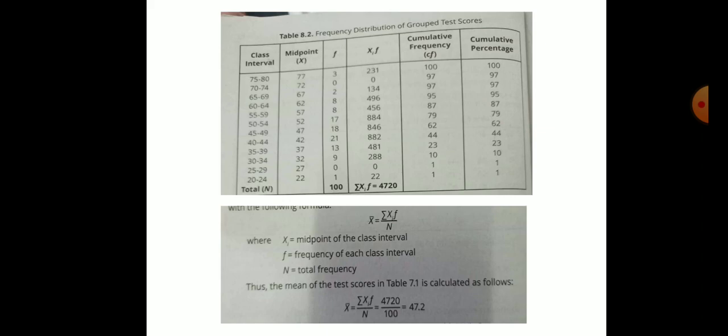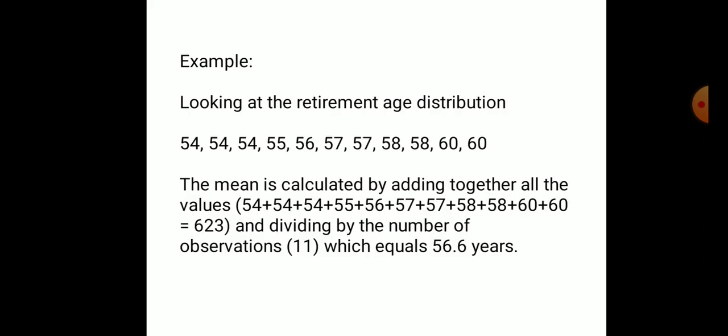Remember that if our test scores are grouped, this is the formula we use. What if our test scores are ungrouped? Example here, looking at the retirement age distribution, we have 54, 54, 54, 55, 56, 57, 57, 58, 58, 60, 60.